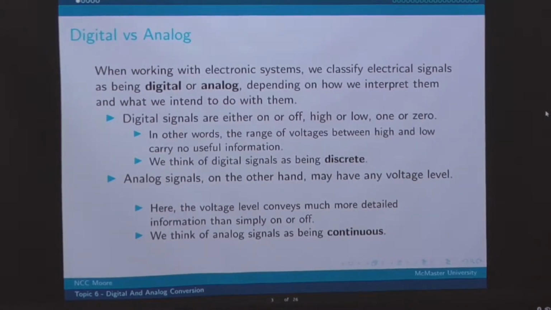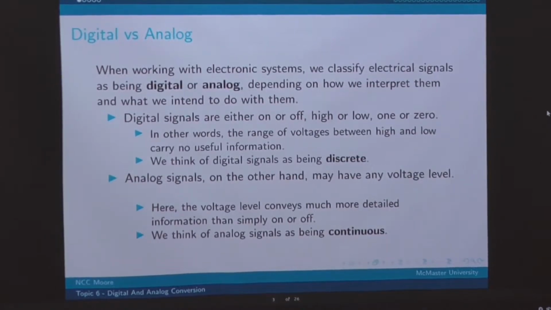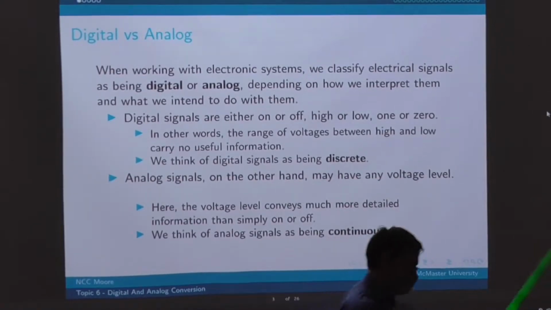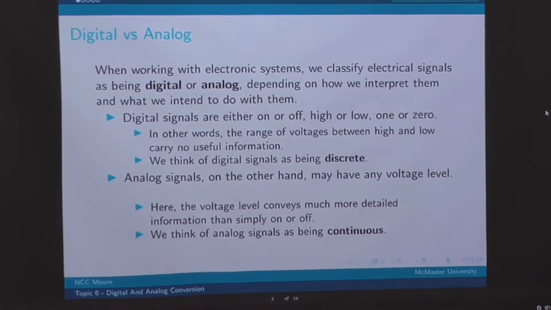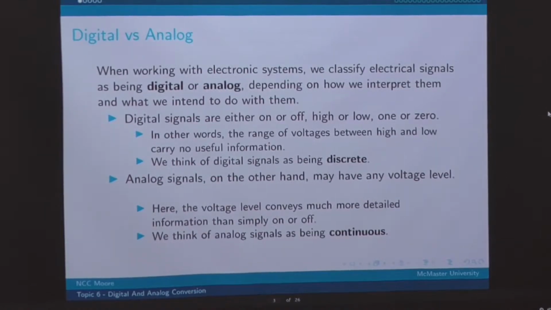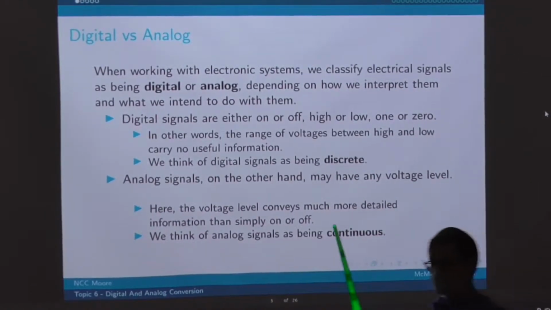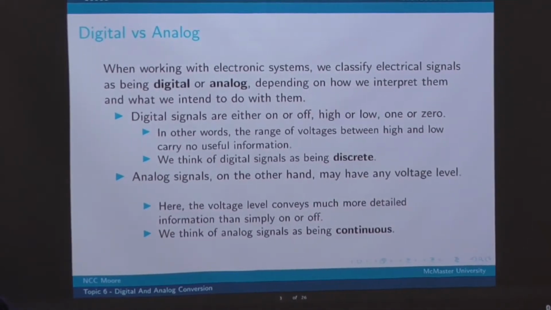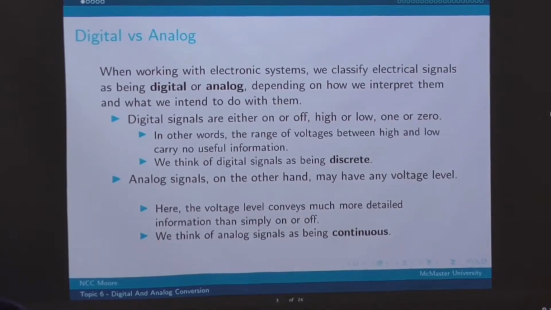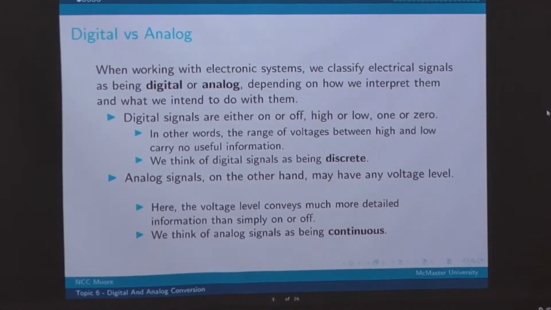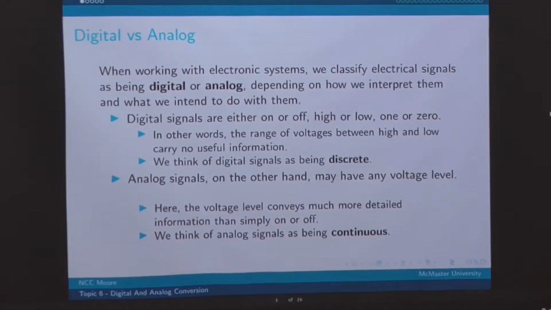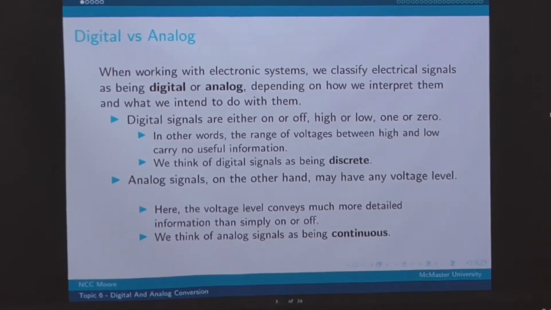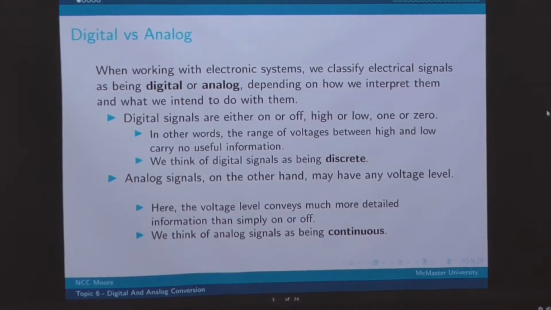So, again, this should be assumed knowledge. When working with electronic systems, we have analog and we have digital signals. Analog signals, of course, have any voltage value between 0 and whatever your reference value is. In fact, you can go above that as well, but generally speaking, we're concerned primarily with voltages inside the voltage range of the electronics we're dealing with.